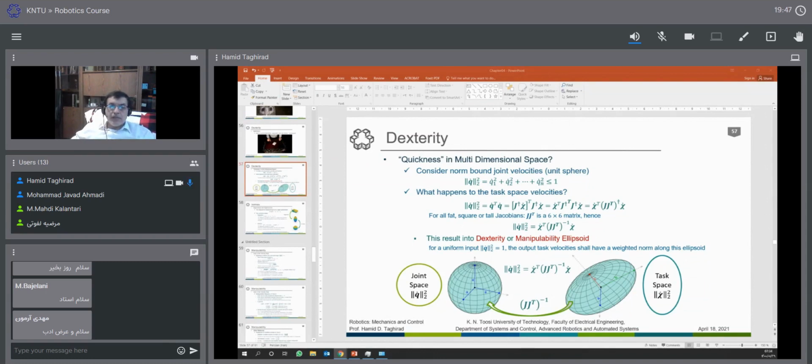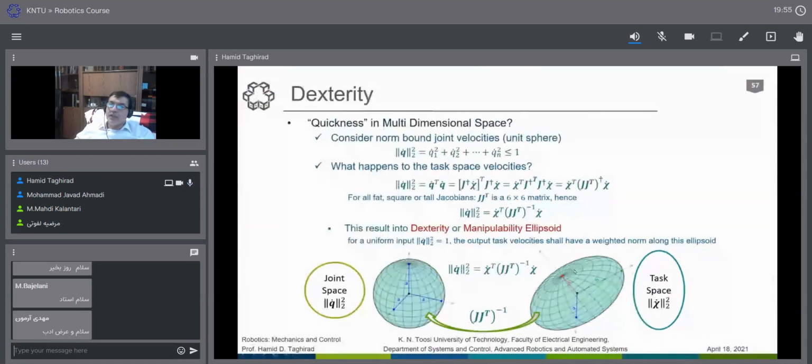Last session we talked about dexterity and the measure of dexterity in terms of Jacobian transpose. Jacobian transpose gives a map or a relation between the two norm of Q dot in joint space with respect to the task space.